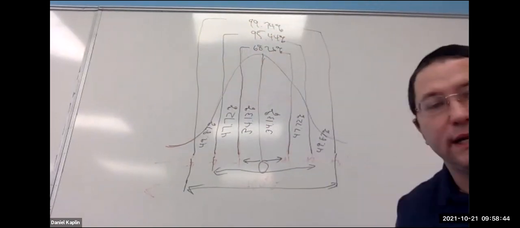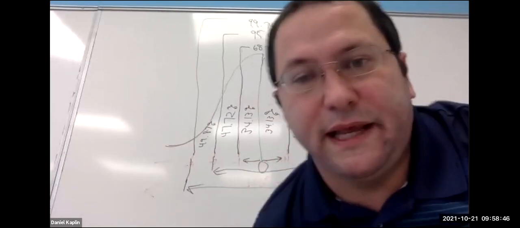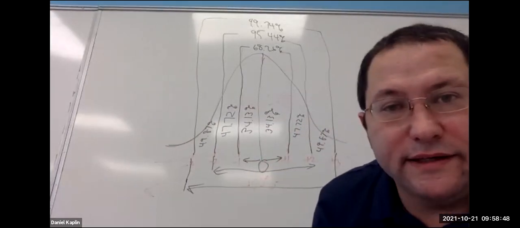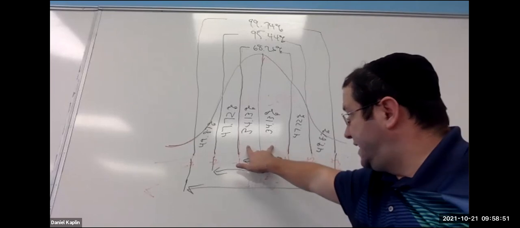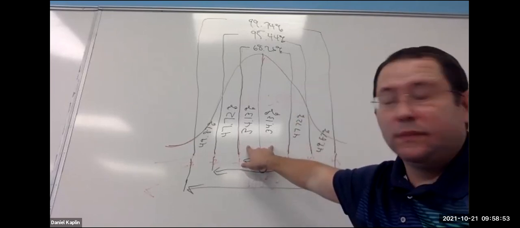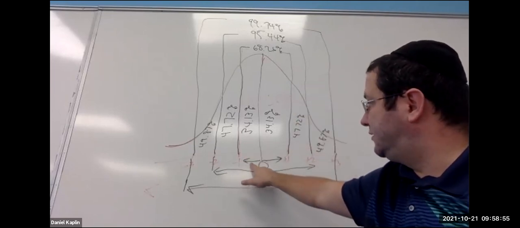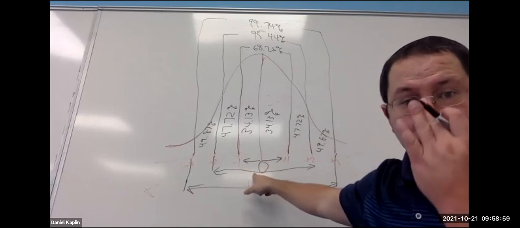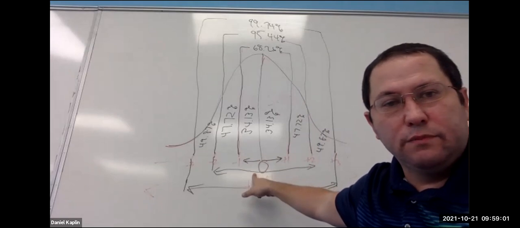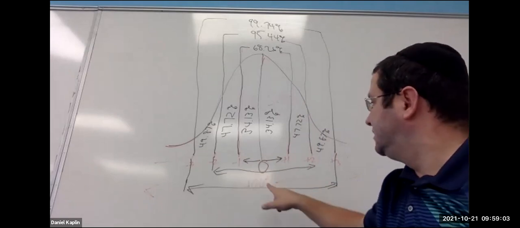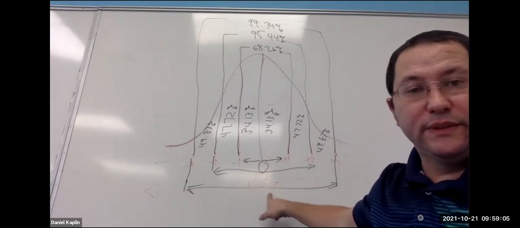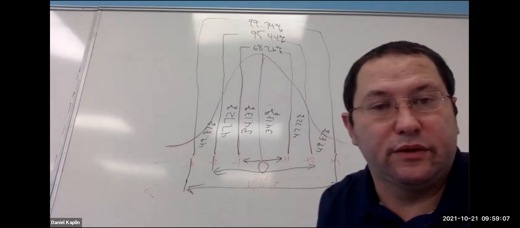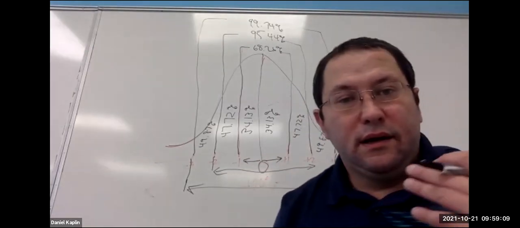So what am I trying to teach you here? I'm trying to explain to you that 68% of the cases occur plus or minus 1 standard deviation. 95% of the cases occur between 2 standard deviations. 99% of the cases occur between 3 standard deviations.